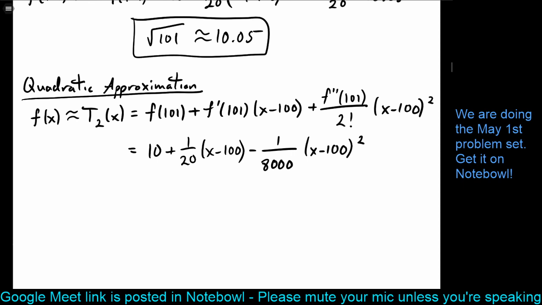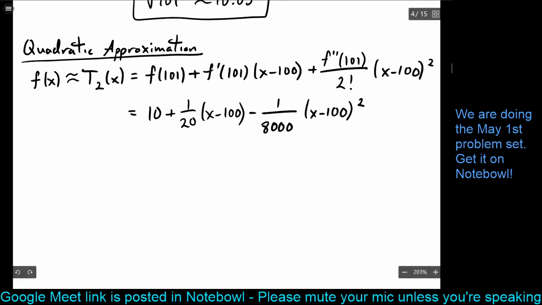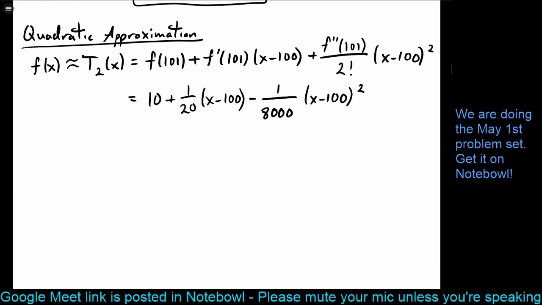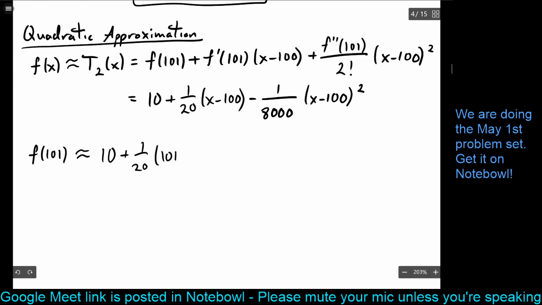All right, so let's go ahead and compute this. So f of 101, this is approximately 10 plus 1 over 20 times 101 minus 100 minus 1 over 8,000 times 101 minus 100 squared.